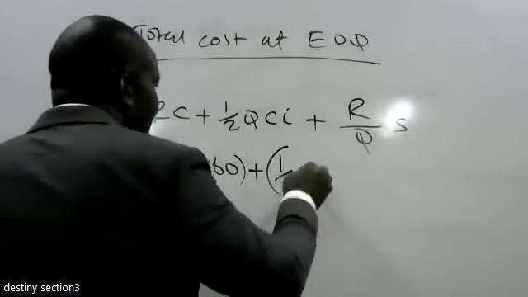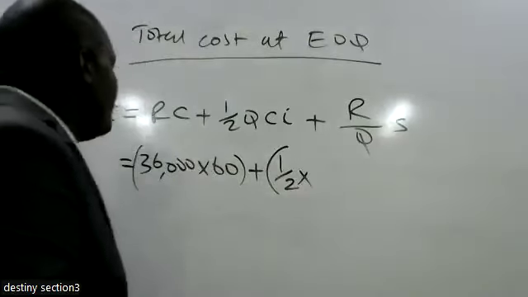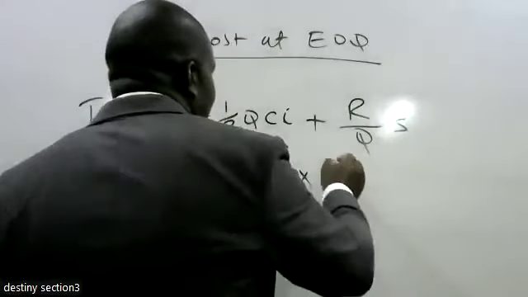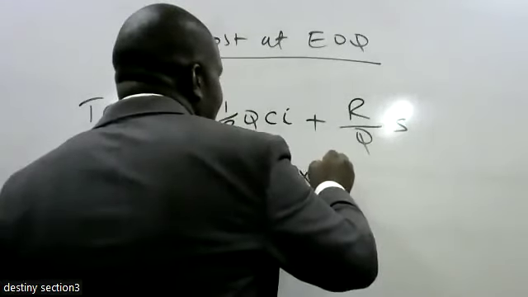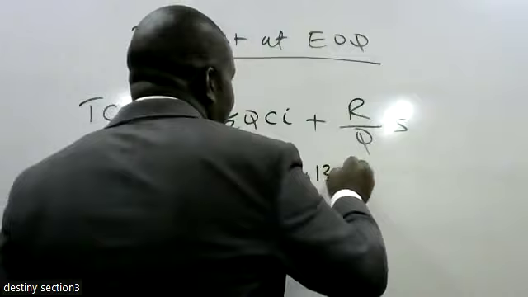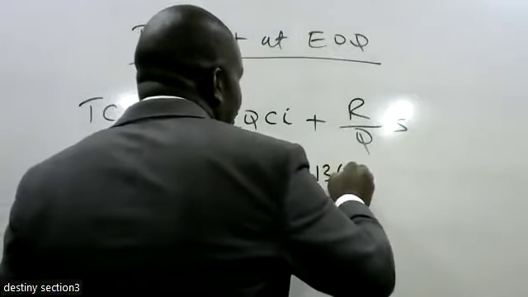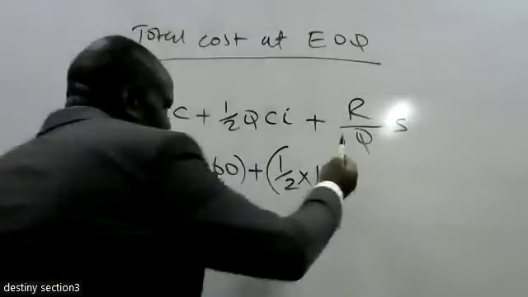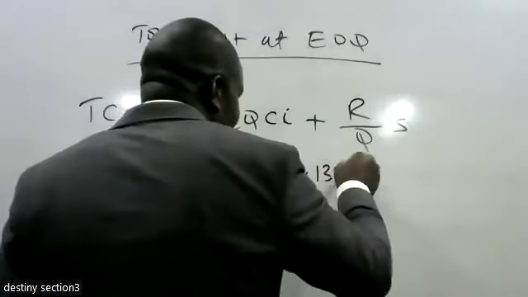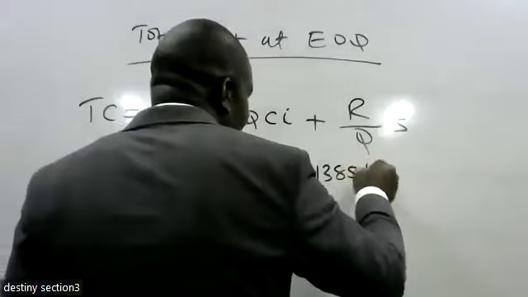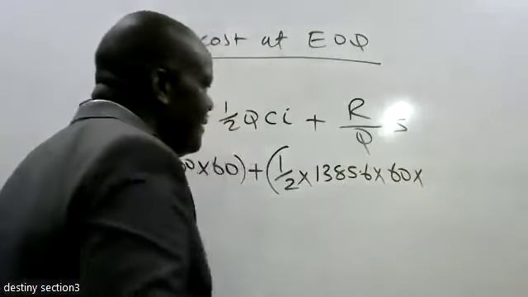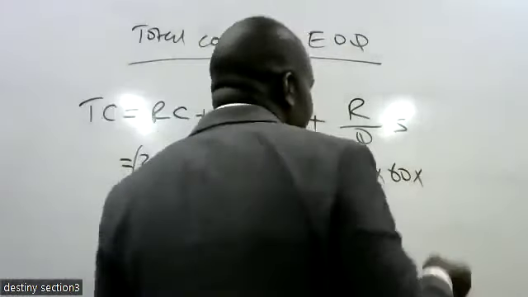a half Q CI. So our Q is the economic order quantity. Has someone got it? 13.86. Half of 13.86 times 5.6? Then C is 60, I is 15%.